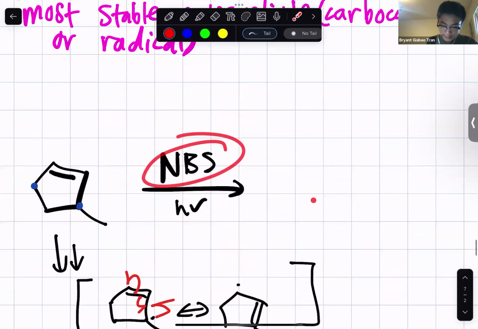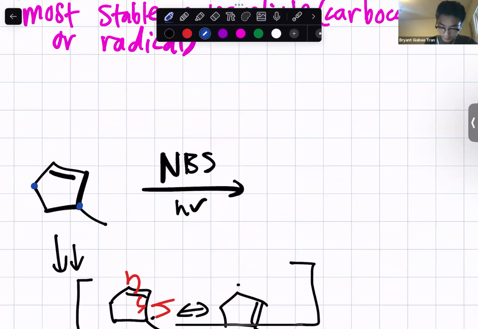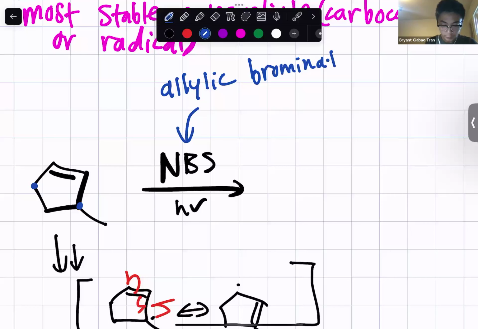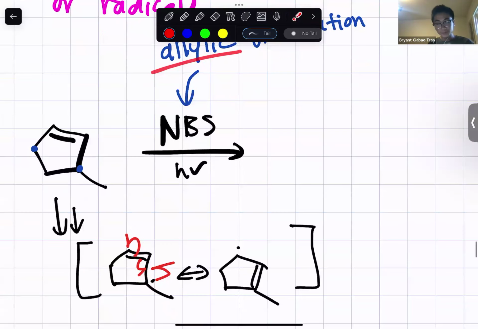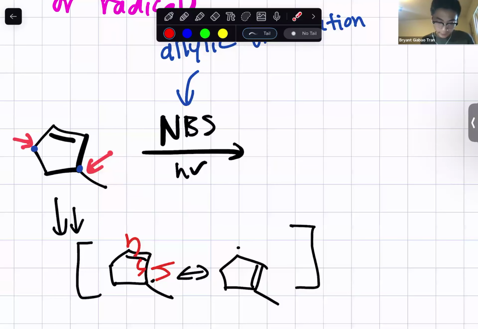So whenever you see NBS, always think of allylic bromination, where you're going to add a bromine group at the allylic carbon, right? But first, there are different allylic carbons you could get. We see that these two are our allylic carbons because they are one away from the double bond.